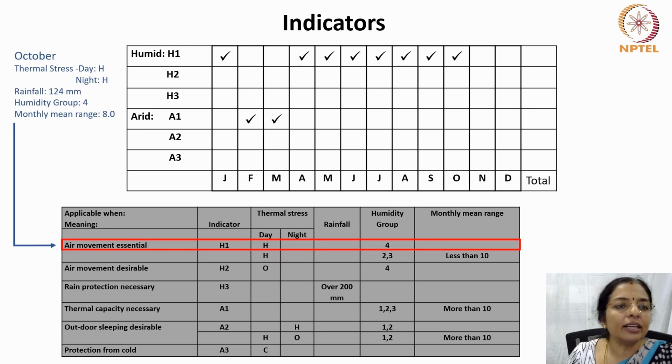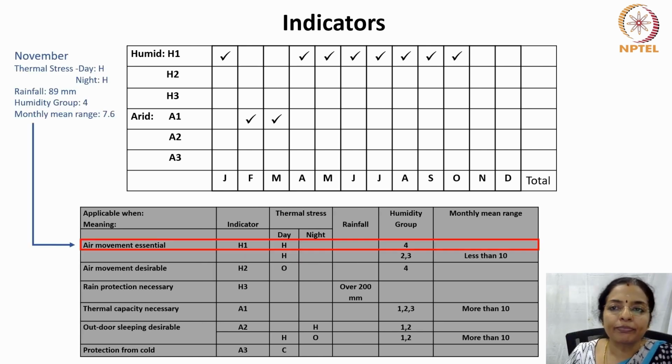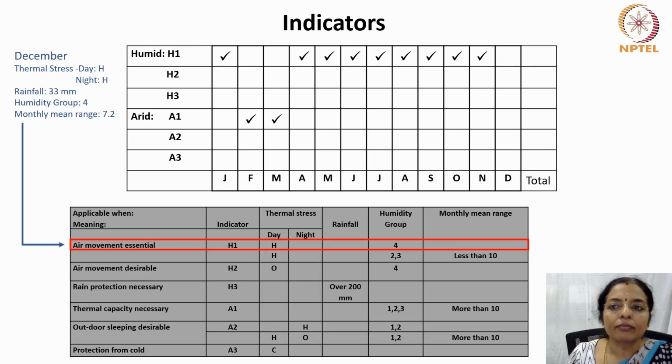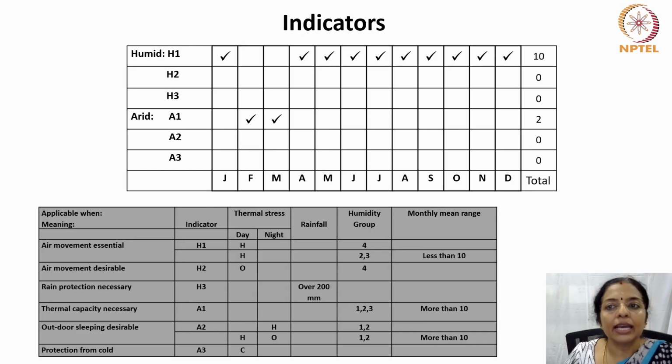Similarly, we do for October, we will do for November, and we will fill for December. So we've got this indicator ready. Then we will add the total number of months under each of the indicator. So there are 10 months in H1 and 2 months in A1.